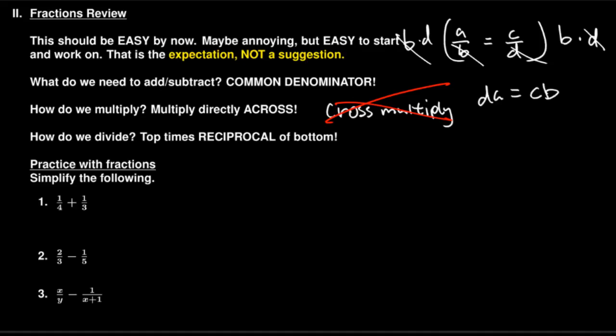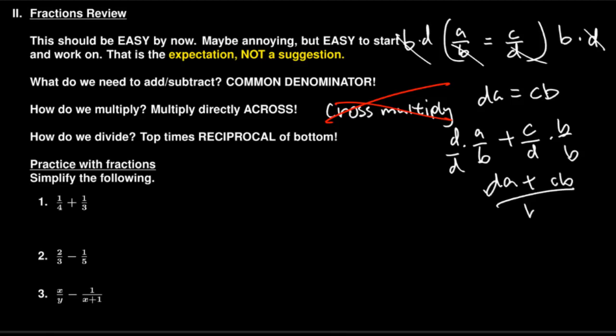And notice this is an equal sign. That matters, because if it's a over b plus c over d, you can't do that. I mean, you kind of can, in the sense that you're going to multiply by d over d and b over b, so you get d times a plus c times b all over b times d.